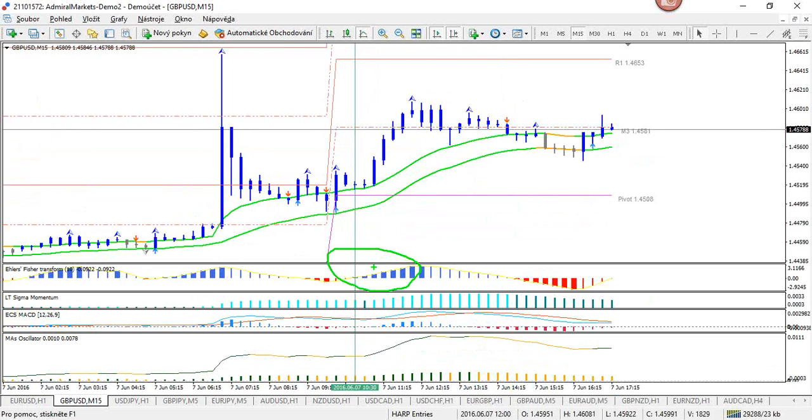We're always looking for a pullback, once we have a good direction going. Ergo says trade in direction of momentum. Absolutely. So we're only looking for upside. That's point one. After that, when we see a good directional move established, we're looking for a pullback.